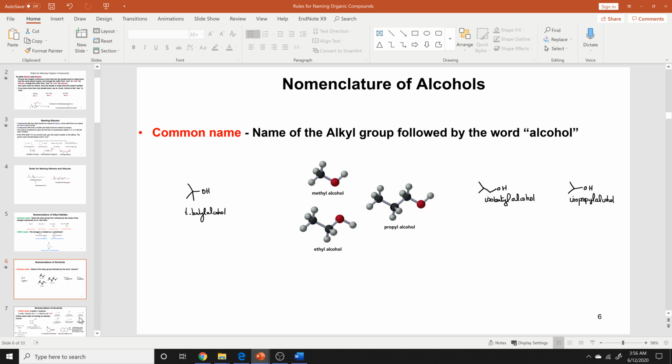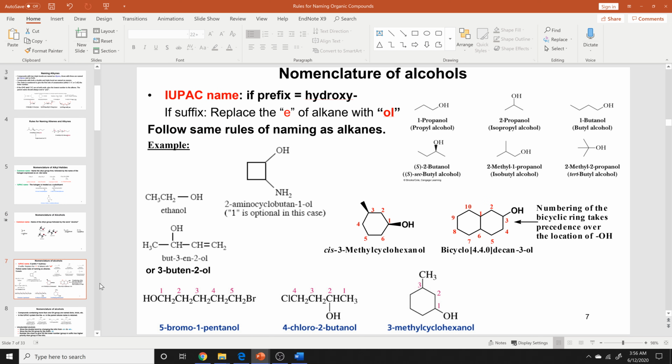Now, for the nomenclature of alcohols, normally alcohols are named as hydroxy if they are prefixes, meaning if they are a substituent. But if they belong to the main chain, then the ending has to be ol. So all you need to do is drop the e of the alkane and end in ol.